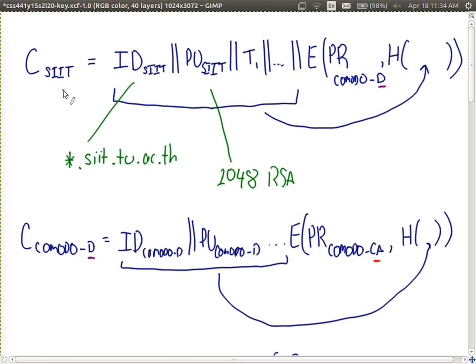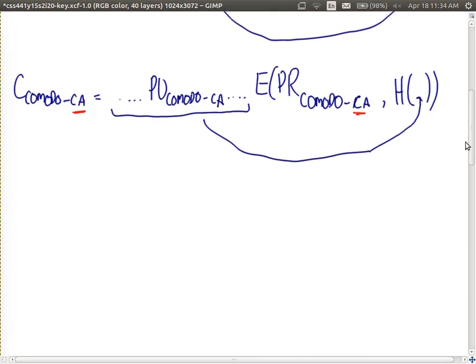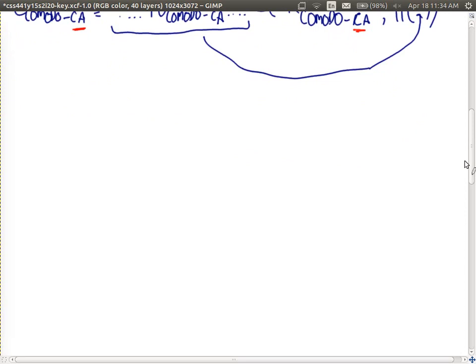Let's go back to our browser. We can summarize that chain of trust.